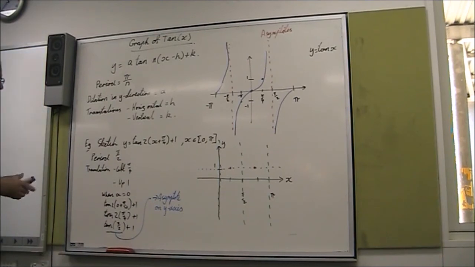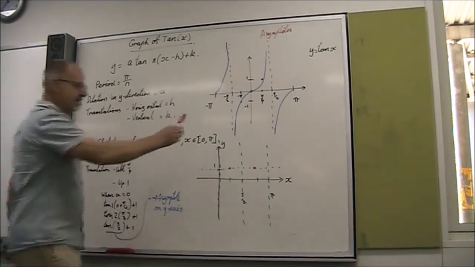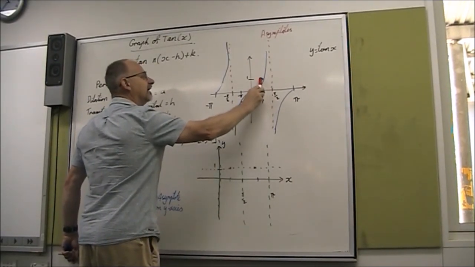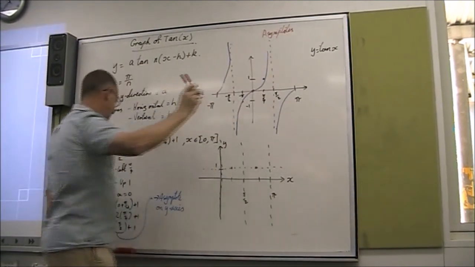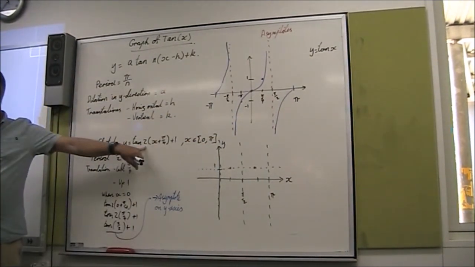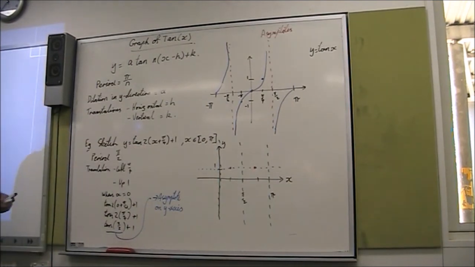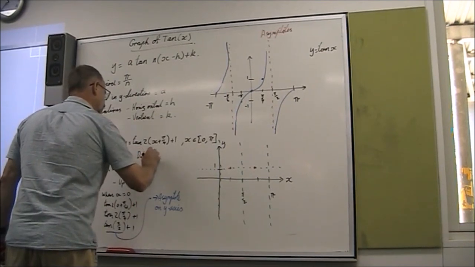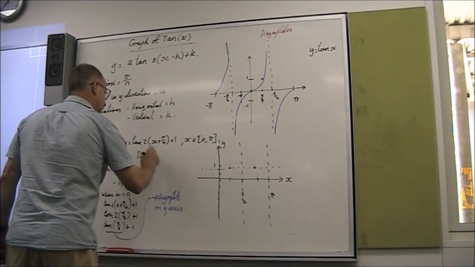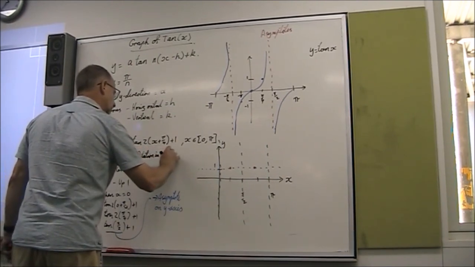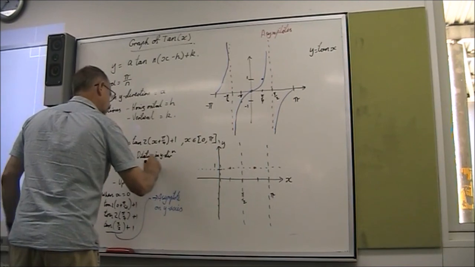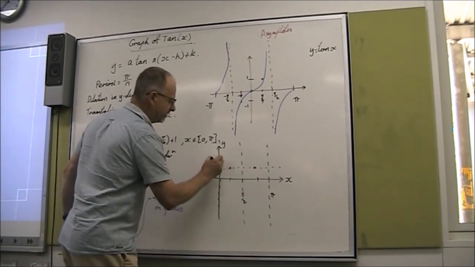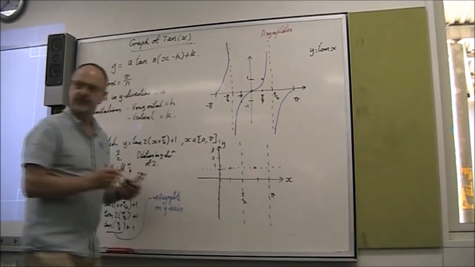Alright. Now, halfway between there and that asymptote, normally it's going to be up 1 higher. But in this case, we've got a, and I didn't write it down, did I? We've got a dilation of 2. So if it's a dilation of 2, it's not going to be up here at 2, it's going to be up at 3.